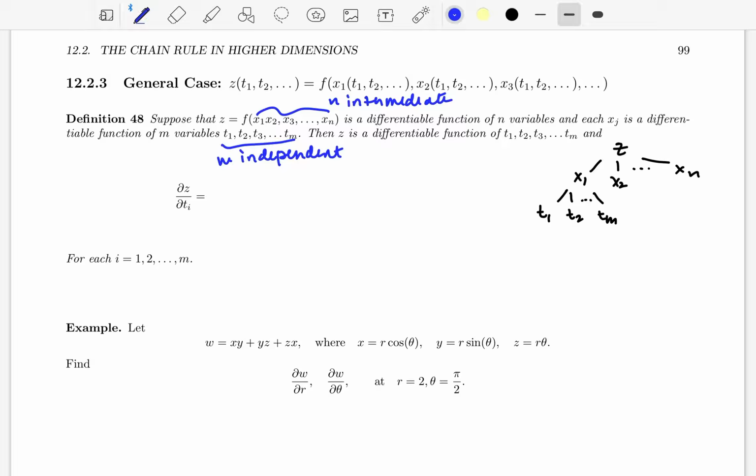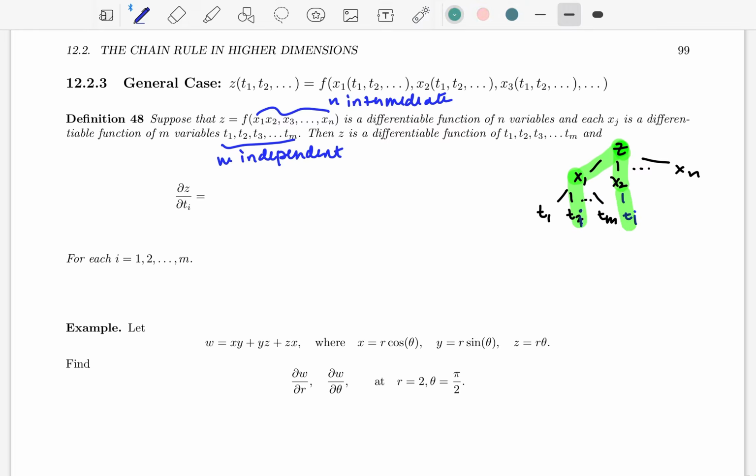So if I want to find dz/dti, I'm going to assume that this is my ith now. So I would have to do dz/dx1 dx1/dti, and then dz/dx2 dx2/dti, and so on.